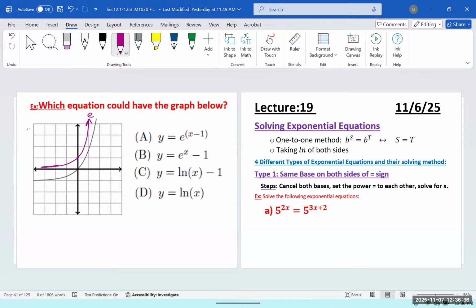So this is e to the x. And we can see clearly our y-intercept went 1 unit down. So if you have a minus 1 after your exponential function, it means going down, plus 1 means going up. So you see the exponential function and then minus 1, so it's up-down shifting. So the correct answer is B.